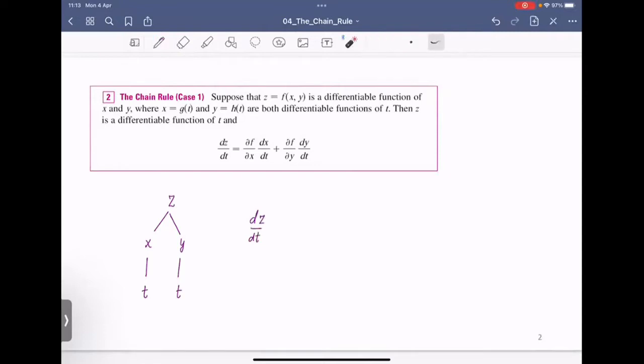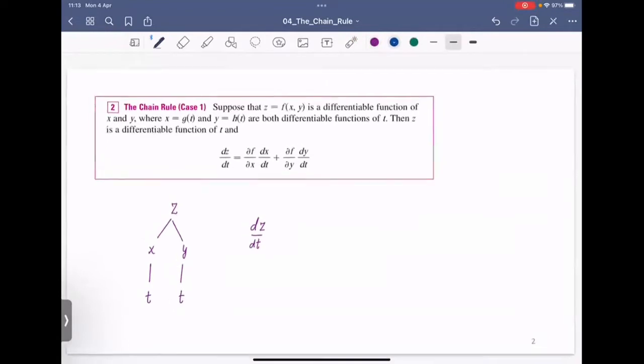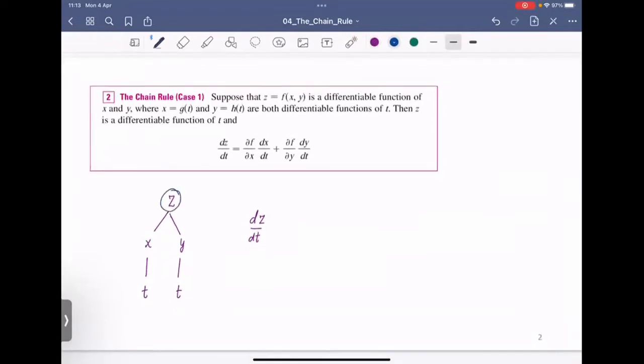C is here on the top level. I love to call this the top level, and this the bottom level. So you can see that on the top level you have c, and on the bottom level you have t at 2 different locations. This one, location 1, and this one, location 2.